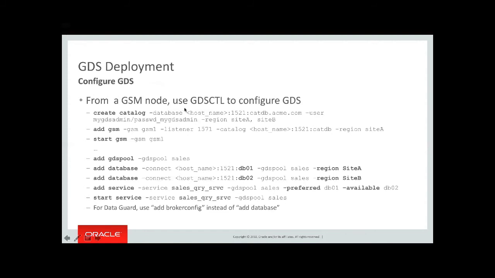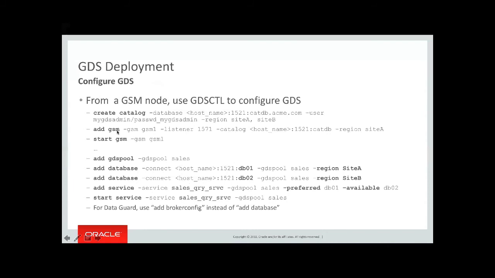You would specify which database you want to create the catalog on, what the regions are, and the super user and password. Once the catalog is created, you would do add GSM. Like I said, GSM is a regular Oracle listener, so it would have a listener port that you would have to assign, and then you would tie up the catalog it is to be connected to, and the region that it's mapped to.